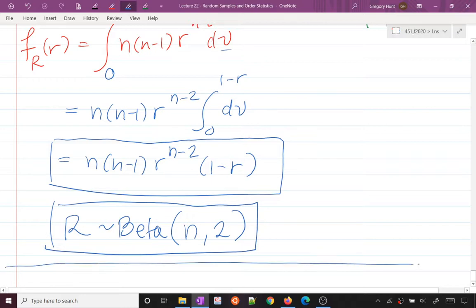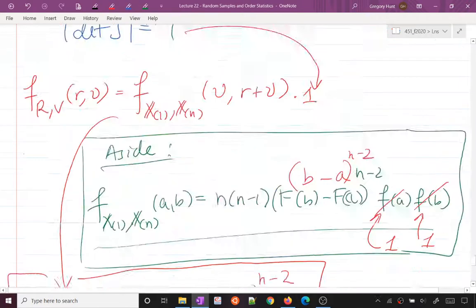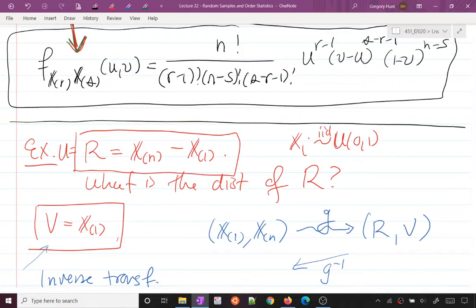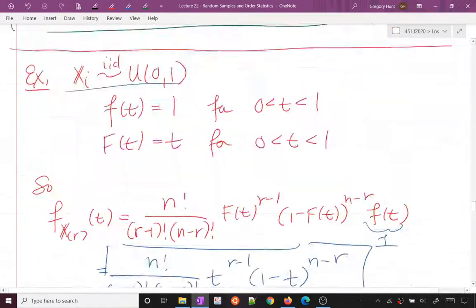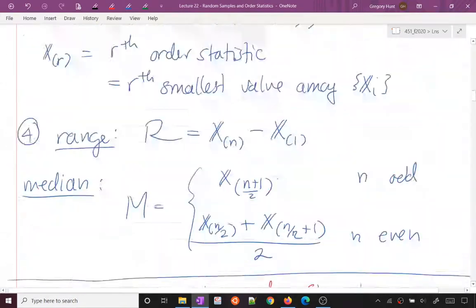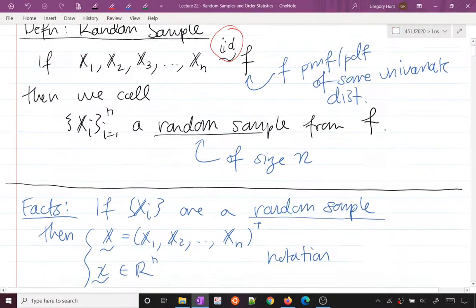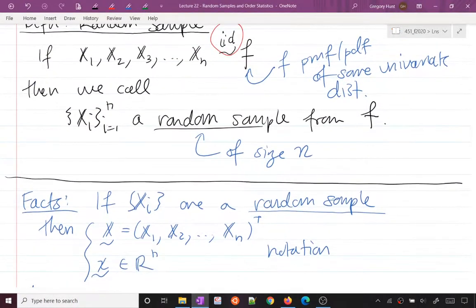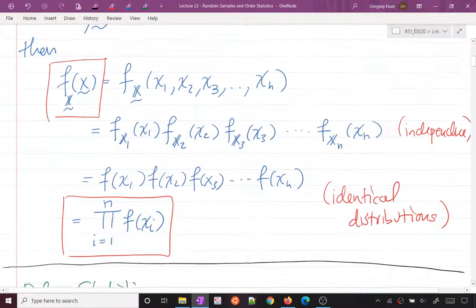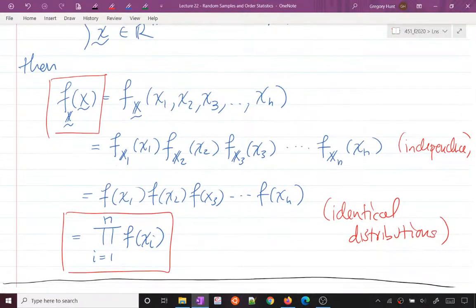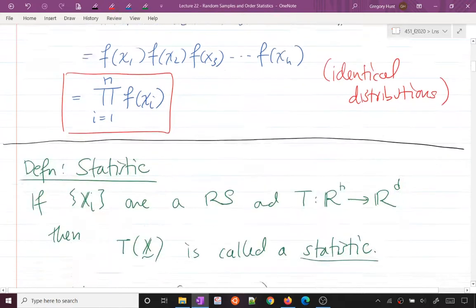So that was a real kind of tour de force there of a lot of these topics, but we kind of combined a bunch of stuff that we covered in the class so far, right? So we talked about basically what a random sample was today. And basically the key fact of a random sample is that the joint is just the product of a bunch of identical marginals.